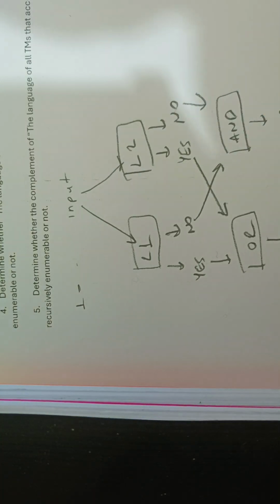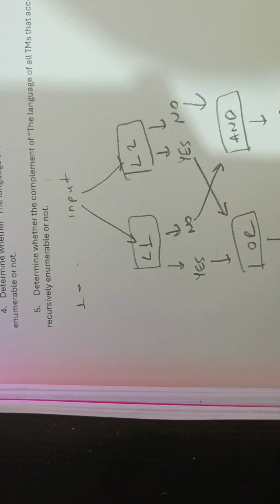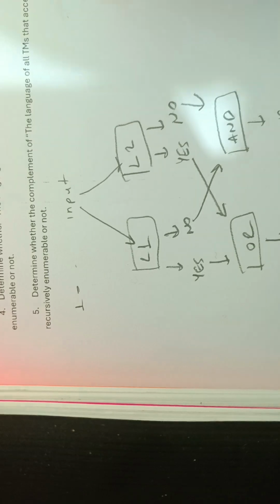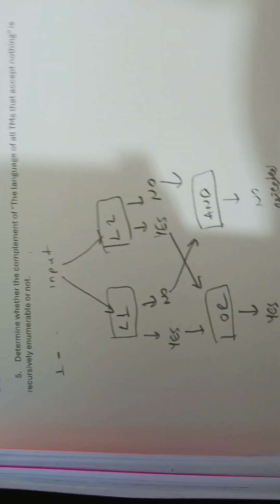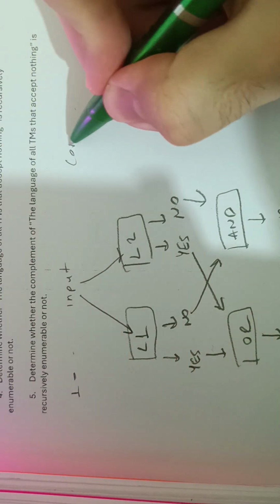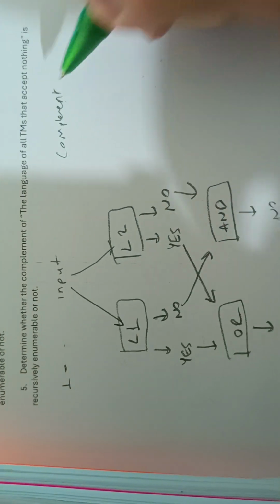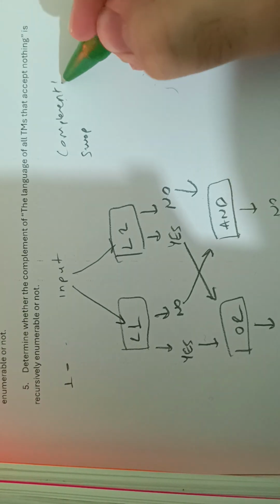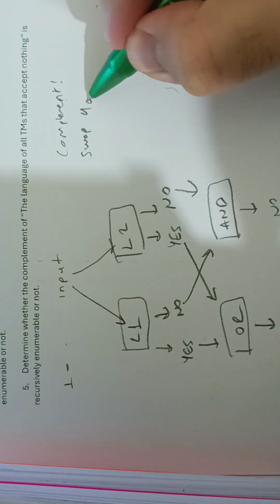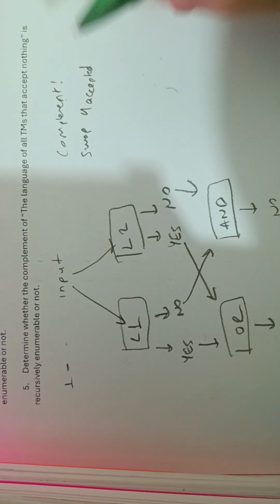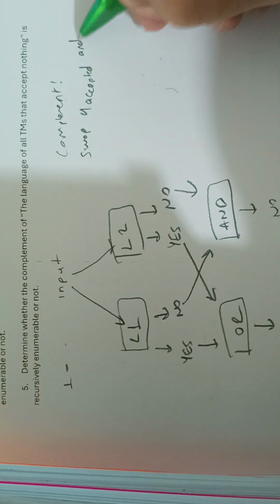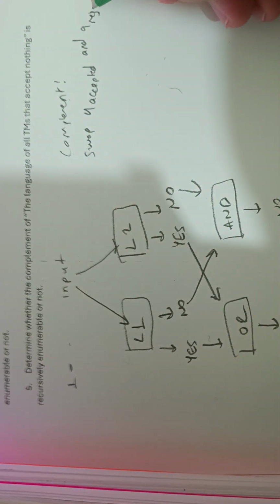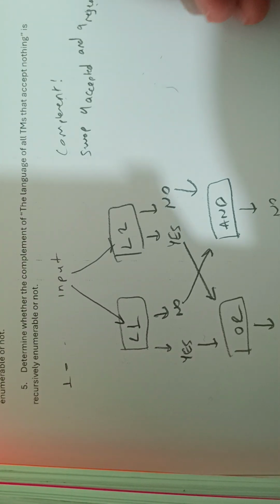D1 decides L1, and D2 decides L2. Let's write all of it. I have to start with complement from here. Complement means swapping Q accepted and Q rejected in the Turing machine.